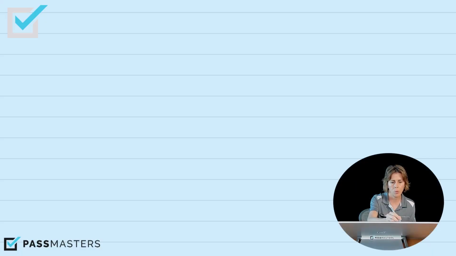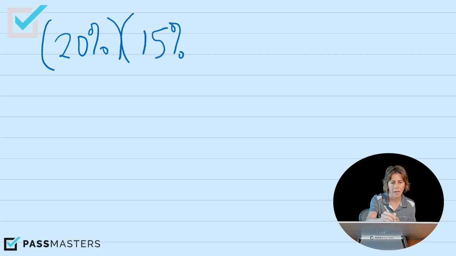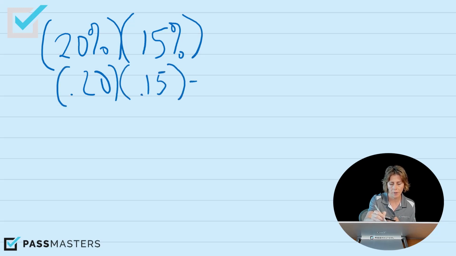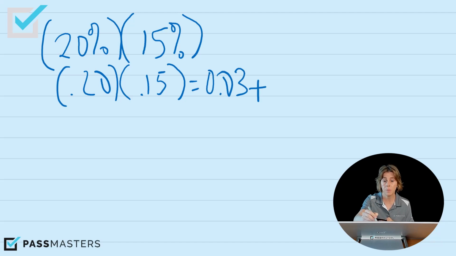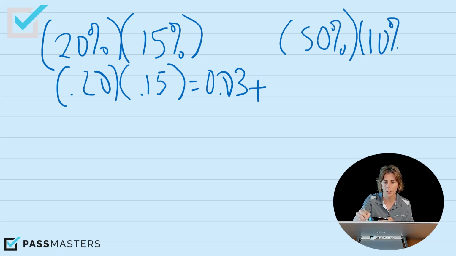So we have 20% times 15%, and we can make these into their decimals. You multiply that out and you get 0.03, plus 50% likely to earn a 10% return.